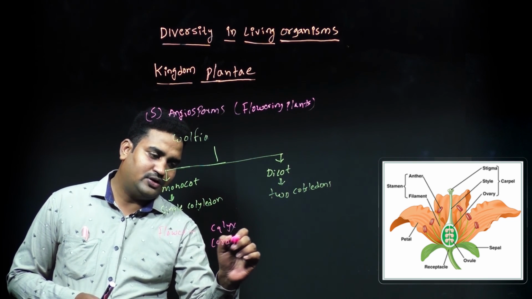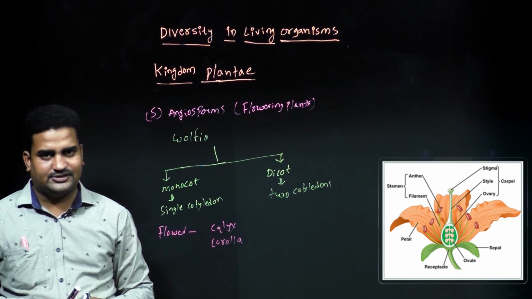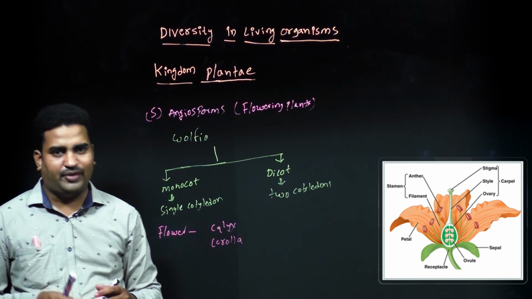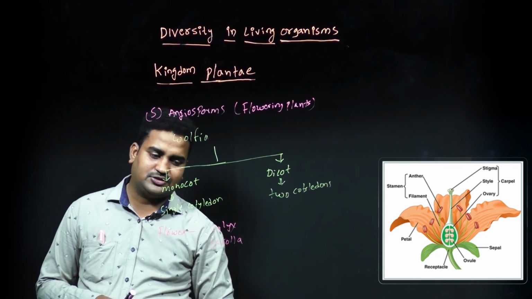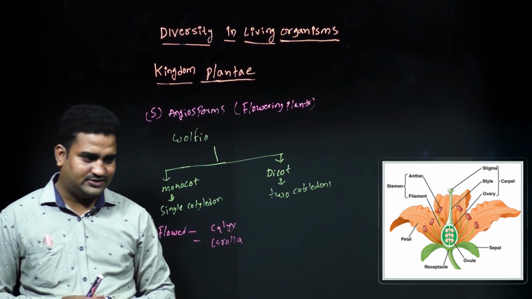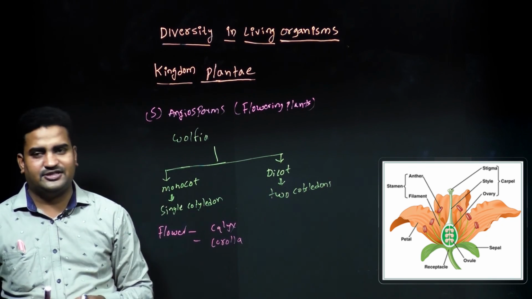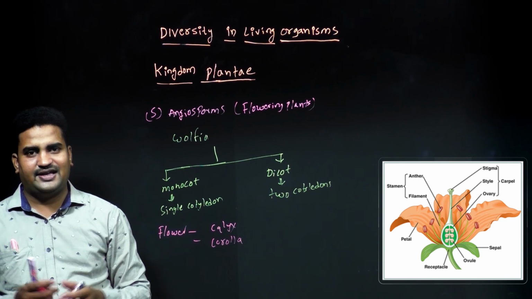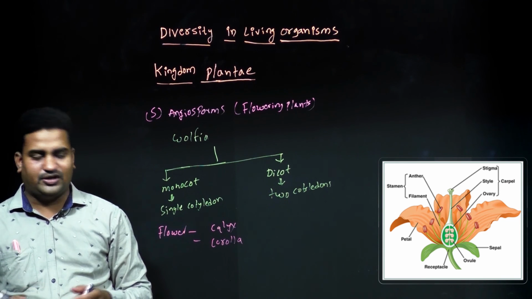Next one, corolla, next to the calyx. These are also known as petals. They give different colors to the flower for the attraction of pollinators. These two, calyx and corolla, are regarded as the accessory floral parts.